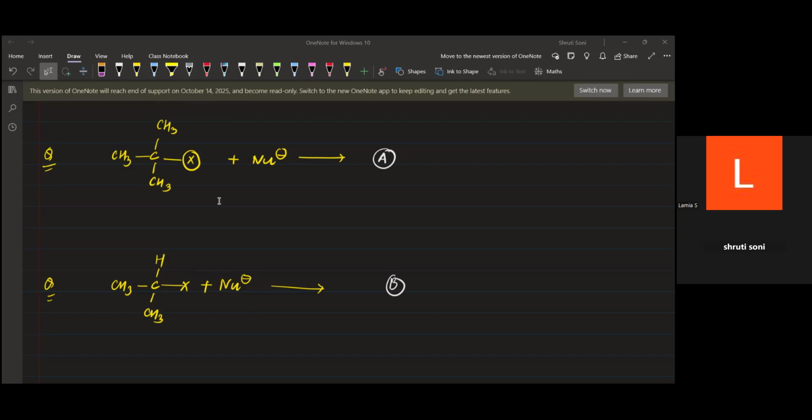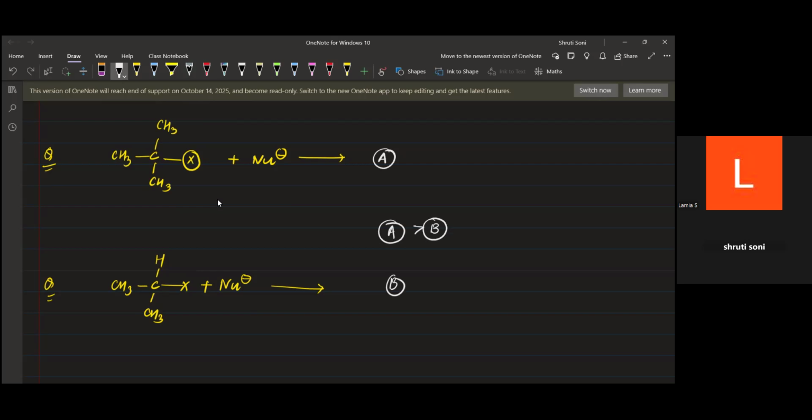In the first one, there's some hyperconjugation, but the degrees are less. So the first one is 3 degree, the second one is 2 degree. So the product A will be more stable as compared to product B.